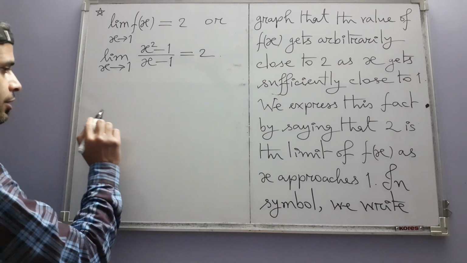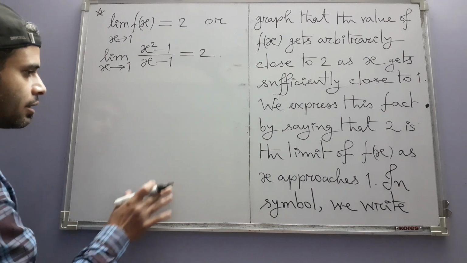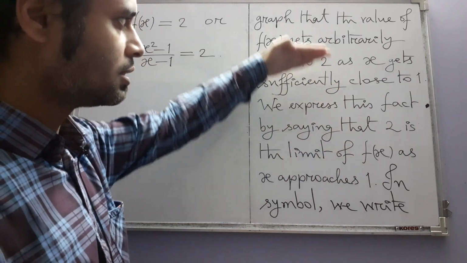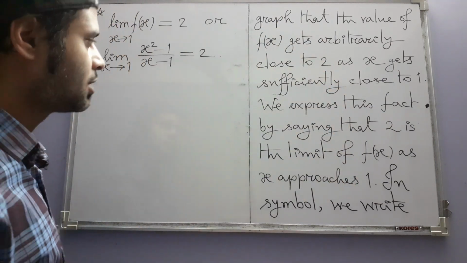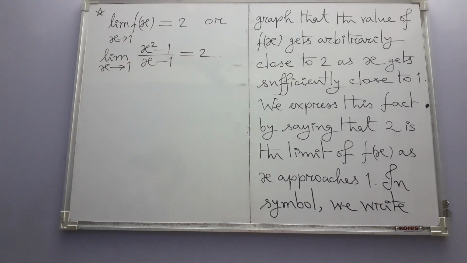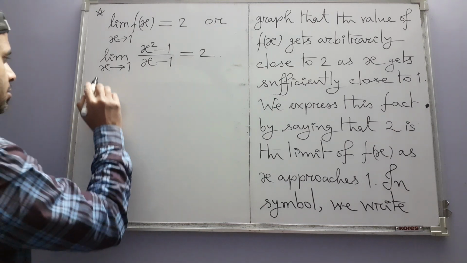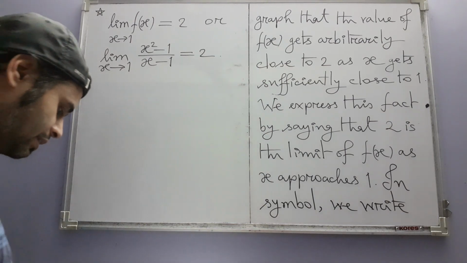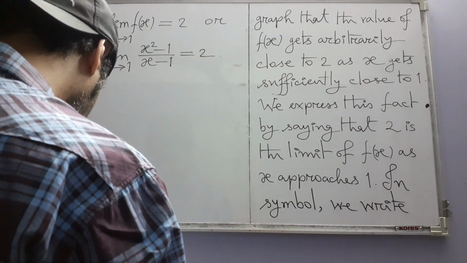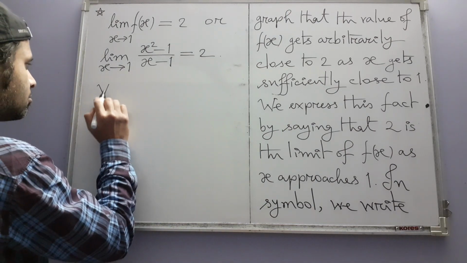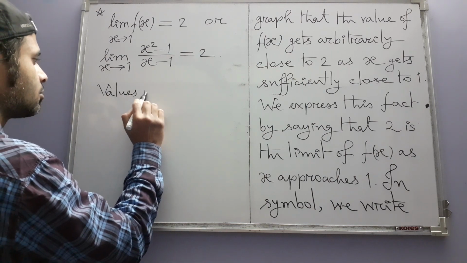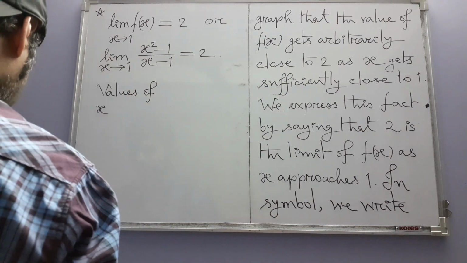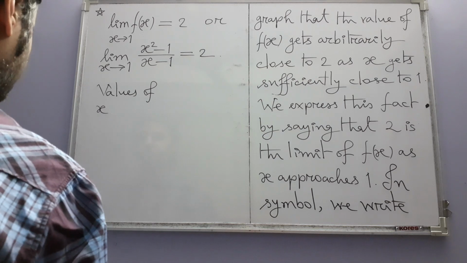Now, to show numerically what goes on here, some values have also been given by the authors. It's presented as a table. However, there is no need to draw an actual table. You can just show the values. On this side we have values of x, and on that side we have values of f of x.